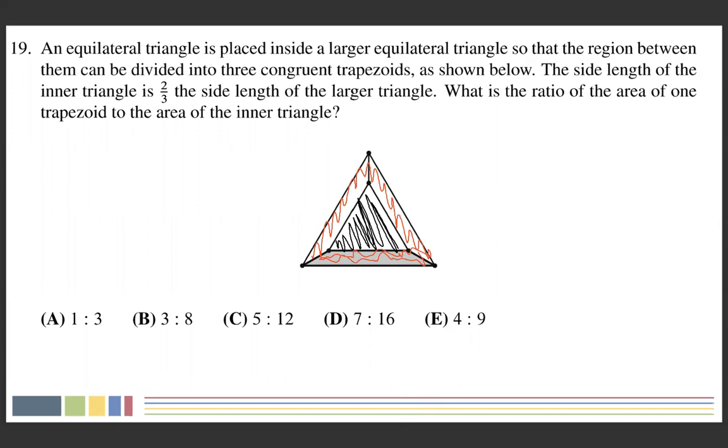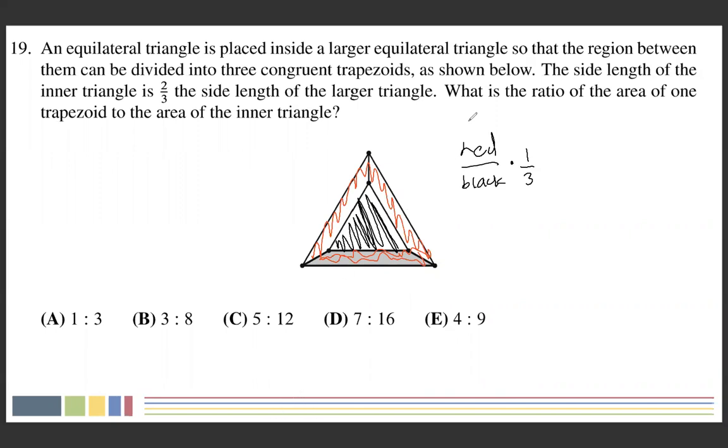Well, we're actually looking for the ratio of red area to black area, and then at the end we can just multiply by 1/3, right? Because if we're looking for just the area of one of the trapezoids instead of the 3 congruent ones, we just multiply by 1/3 because the numerator will be 1/3 of what it is.